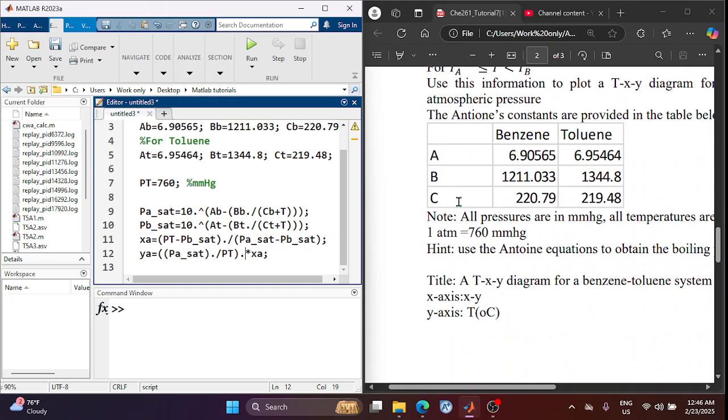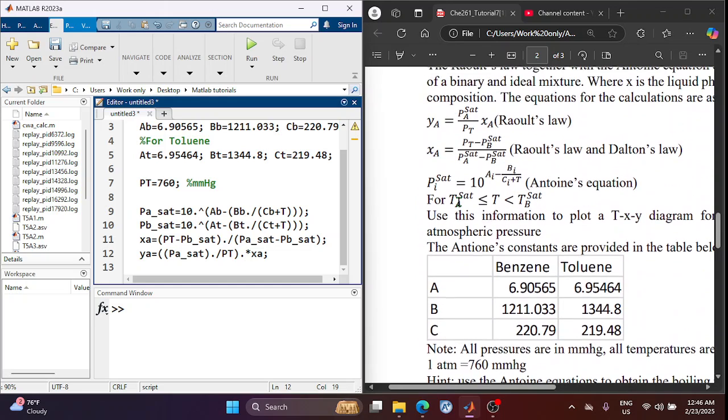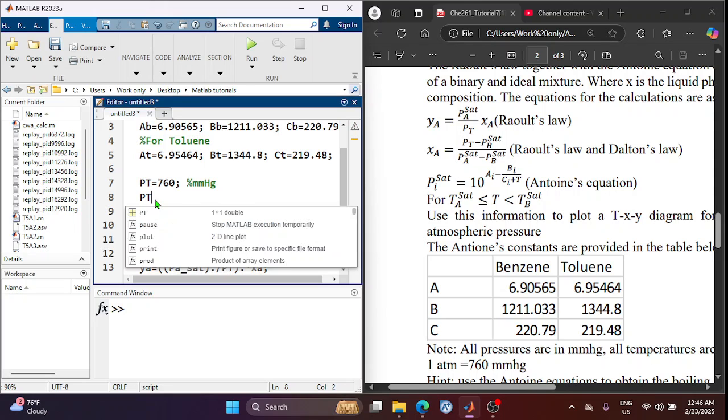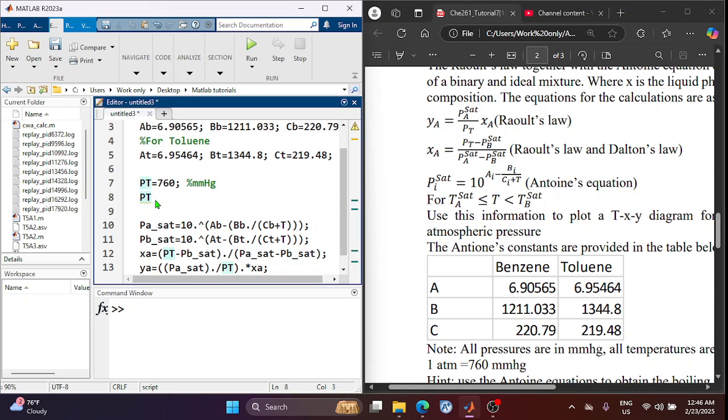Now the major thing we need to do is to find our TA sat and then our TB sat. These ones also have to come before, because we are trying to put those values in here. So if I want to find TA sat, I can say that my P is equal to 760. Let me do it this way.